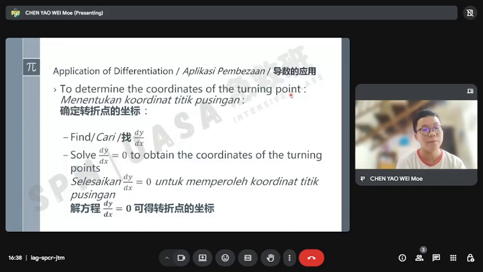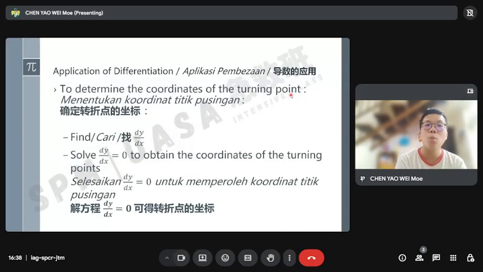Basically, x will have two answers, two numbers. When you have found x, use the equation of y to find y. Sub the x inside the y, you get the answer, and that is the turning point. You have 2 coordinates, and those are called turning points.